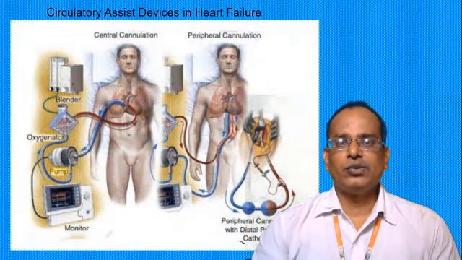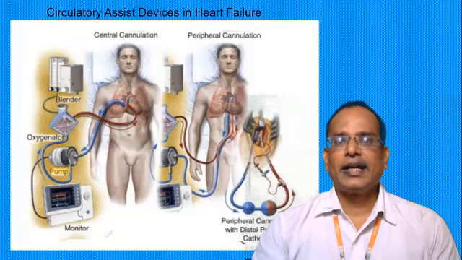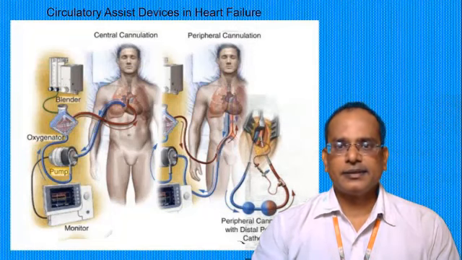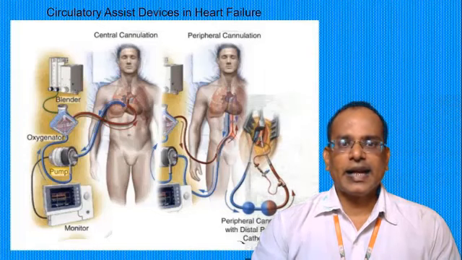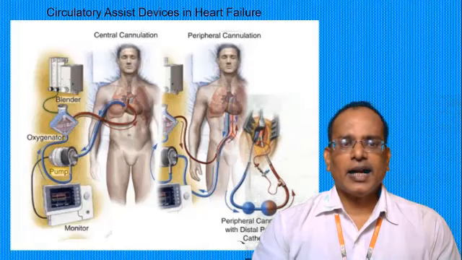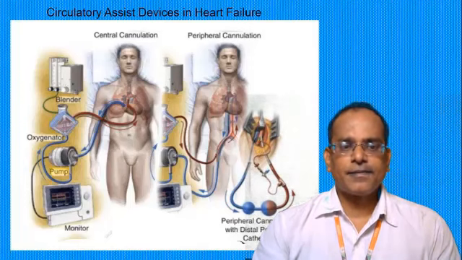You can see there are two types of IABP method. One is the central cannulation method, another is the peripheral cannulation method. In the central cannulation method, the balloon tube is connected at the central part of the heart and connected to the oxygenator through the pump, and it is connected to the blender machine.